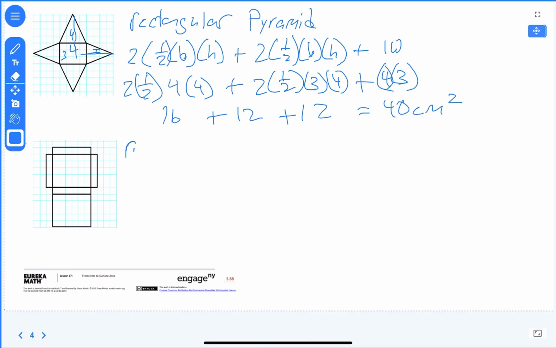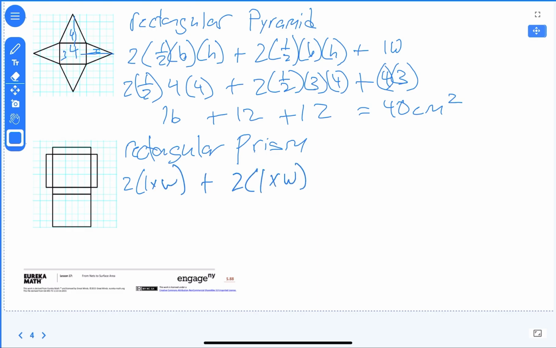What is this one? Rectangular prism. Which means I'm going to have 2 times length times width plus 2 times length times width, and plus 2 more length times widths, right? That's 6 sides. And how wide is that? 1, 2, 3, 4, 5, 6. So this is going to be 6, and this is by 5.